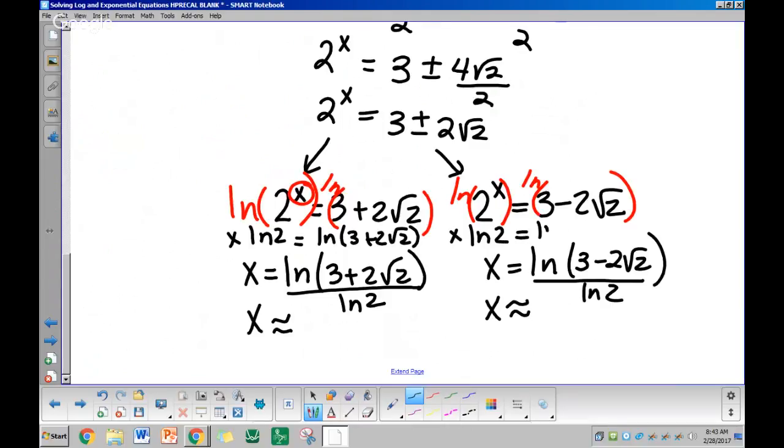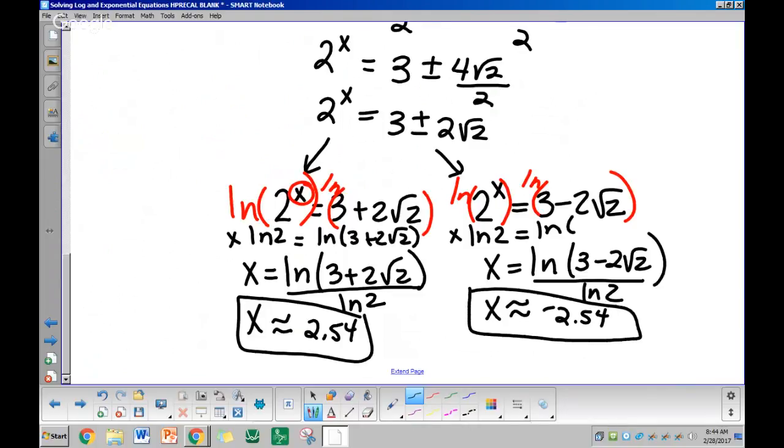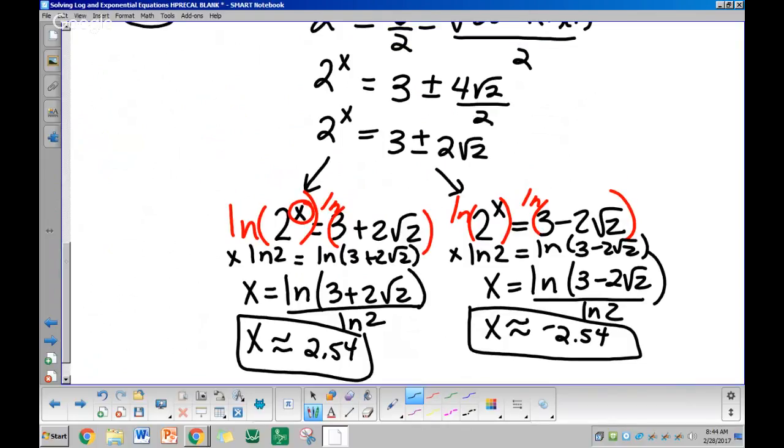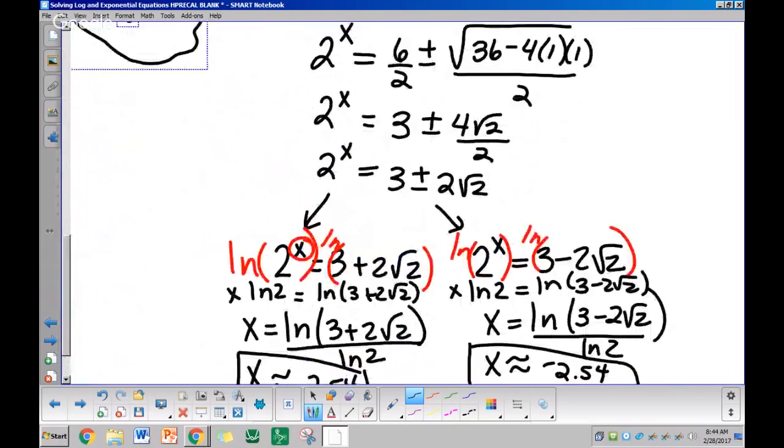I got maybe 2.54. The other one is 2.5. I'm so excited to get to x there, I forgot about the natural log of 2, which is bad. So you want this solution?